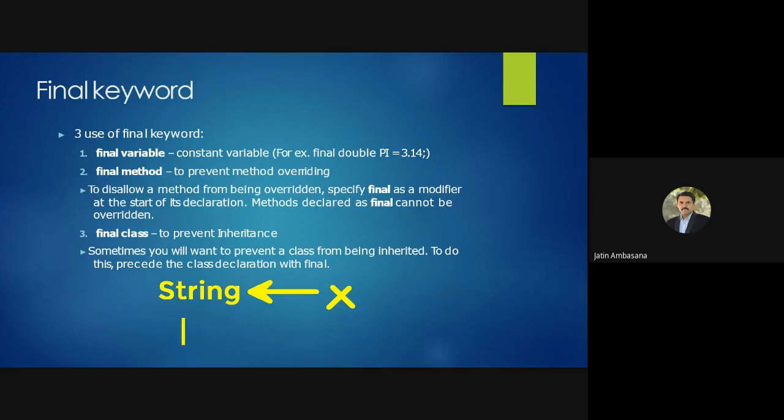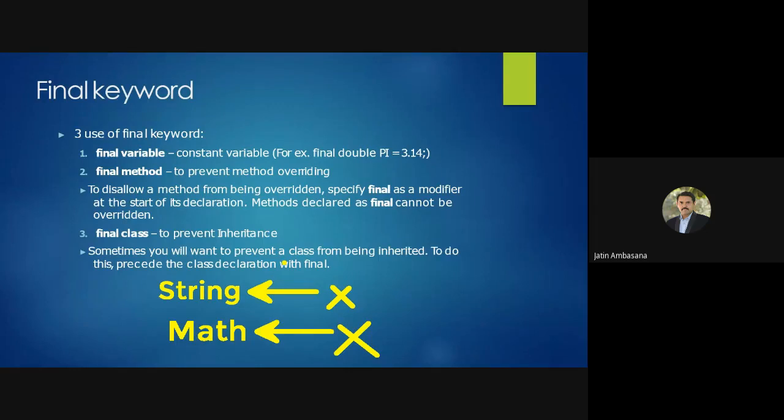Similarly, there is the Math class. You say, I will implement my own mathematics standards and my own mathematics methods by inheriting the Math class and adding my own methods. No, that is not allowed, because it's a part of the language. String and Math classes are part of the language definition, and updating them would change the meaning of the language.